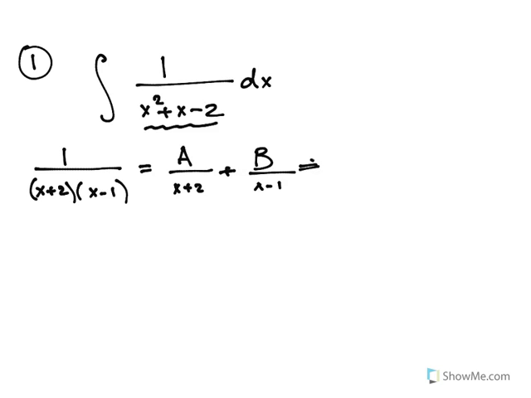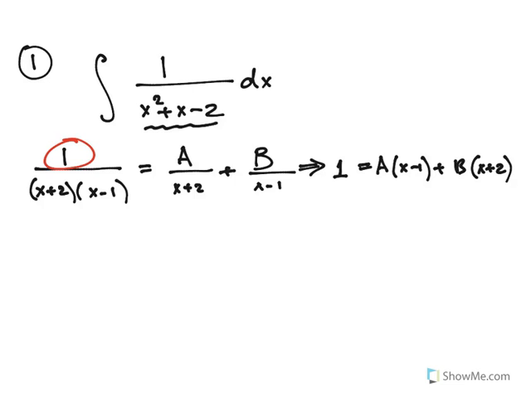So therefore, by the way, that equals 1 over x plus 2, x minus 1. So I can rewrite it like this. 1 equals A times x minus 1 plus B times x plus 2.